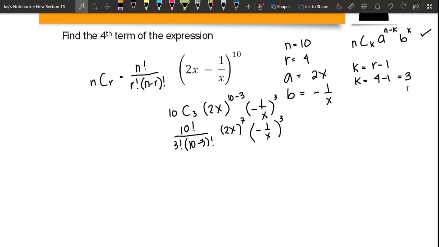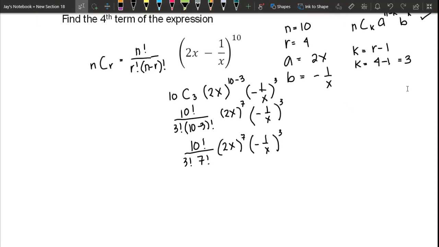Now, by simplifying the combination part, we can have this further simplification, that is 10 factorial over 3 factorial times 10 minus 3, that is 7 factorial, times 2x, so we copy the remaining expression.